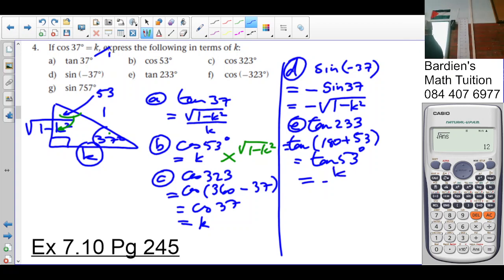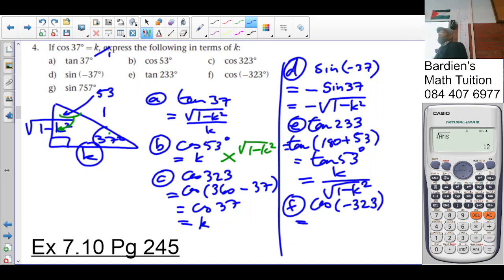So it's k over the root of 1 minus k squared. F is cos of negative 323. It's a negative angle, so what do I do? Add 360, which gives us cos 37. Is that correct? Cos of 37 is k over 1, which is k. You all agree with that?